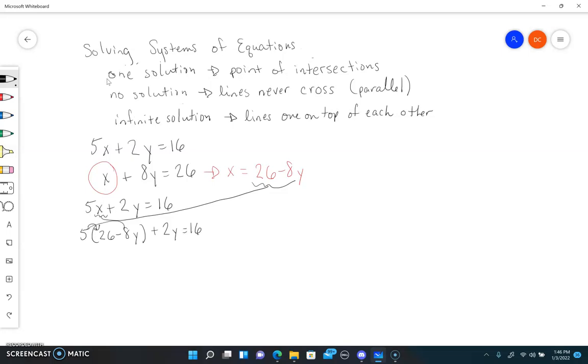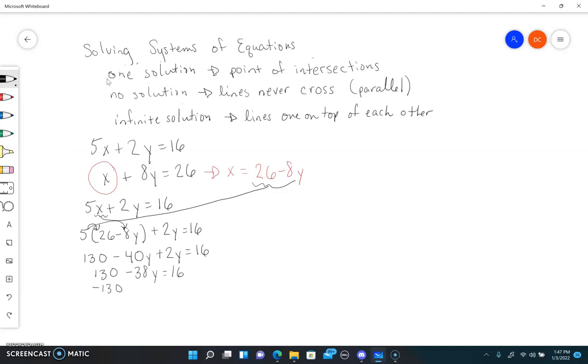I distribute my 5. 5 times 26 is 130. I just use my calculator for that. 5 times 8 is 40y. So I get 130 minus 40y plus 2y equals 16. And I'm just going to simplify. So 130, negative 40y plus 2y is negative 38y equals 16.